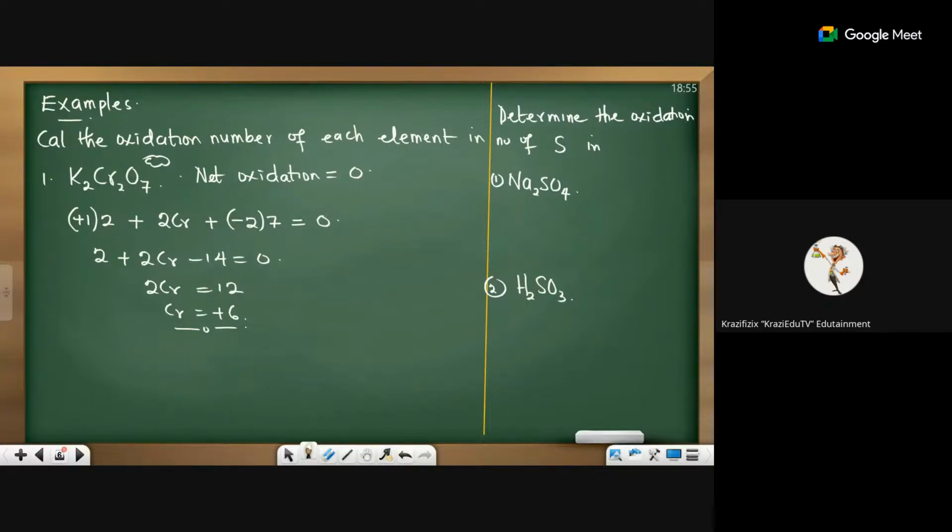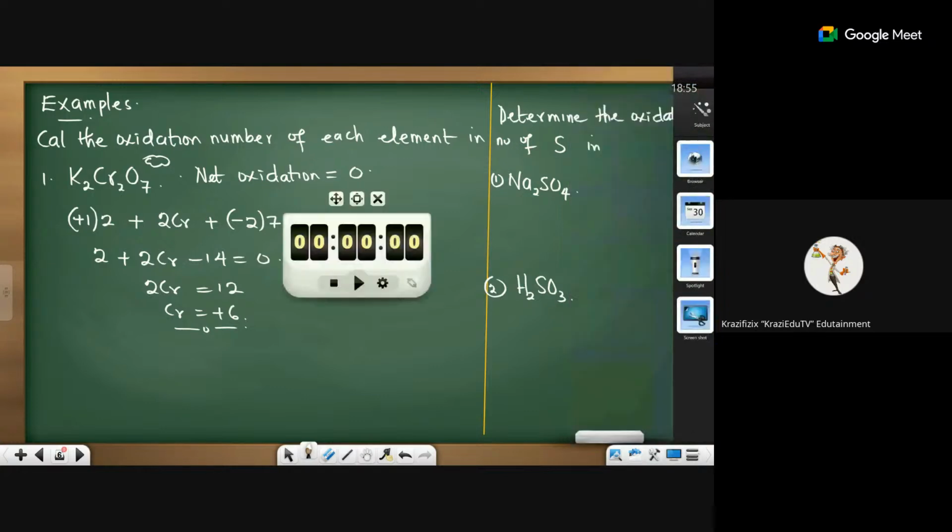I'm only focusing on sulfur now. I mean the oxidation number of sulfur in Na2SO4, sodium sulfate, and H2SO3. We are thinking H2SO4, but no, this is H2SO3. I'll give you 3 minutes to just give me a trial, and we'll take it from here.